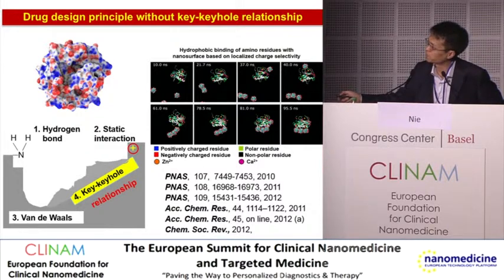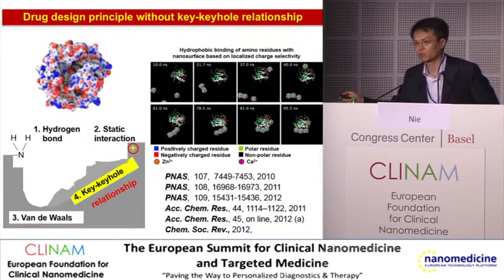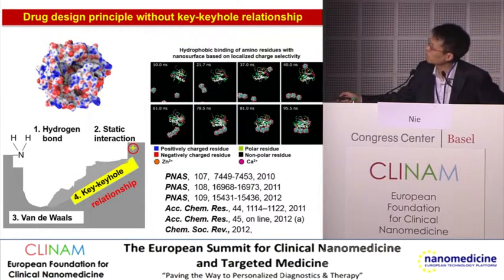And then we used some molecular dynamics simulation to figure out what's happening with these nanoparticles, because so far they have a lot of multiple targets. And we found out this is actually not the traditional understanding of the key and keyhole relationship.